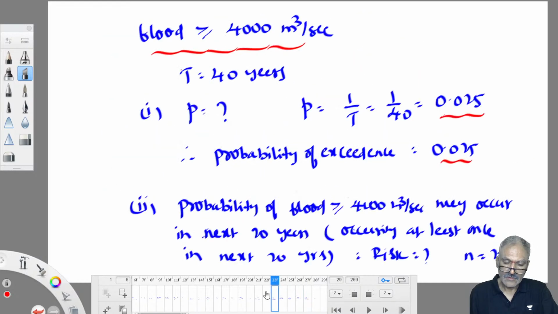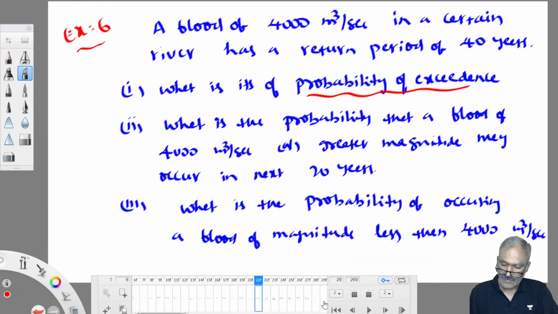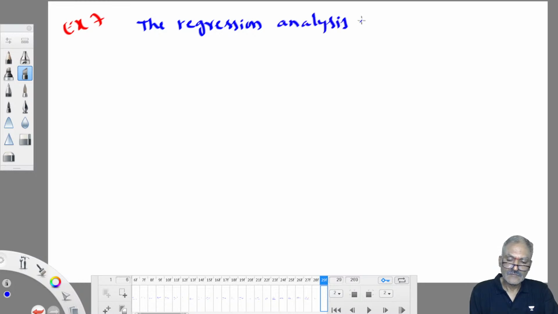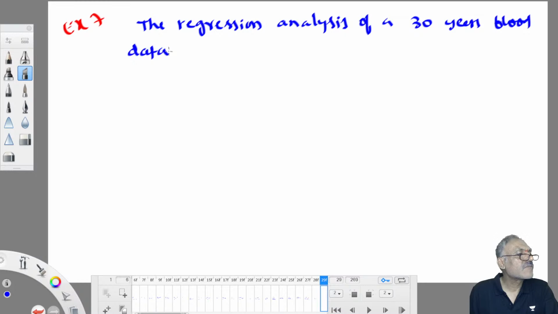Example 7. We call it the frequency analysis topic only. It is the regression analysis of a 30-year flood data at a point on a river. So sample size is 30 years, capital N equals 30 years.